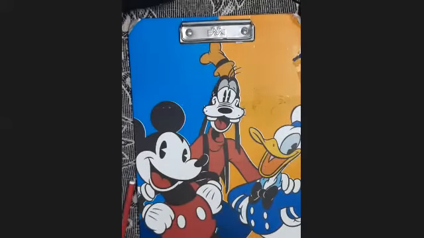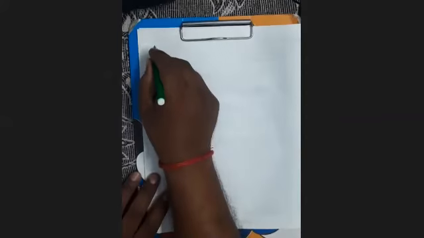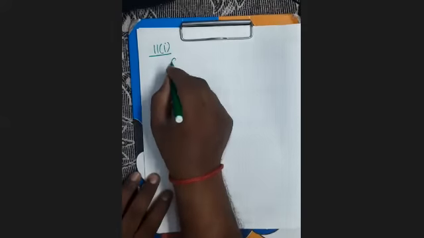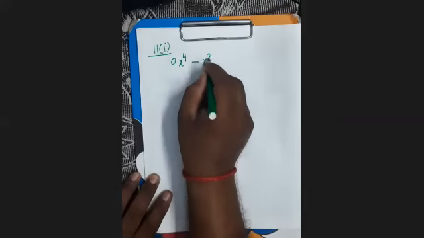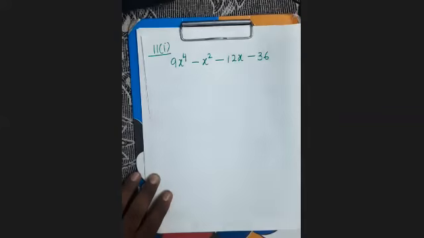Similarly, if you see this question, 11th question, first part: nine x to the power 4 minus x square minus 12x minus 36.